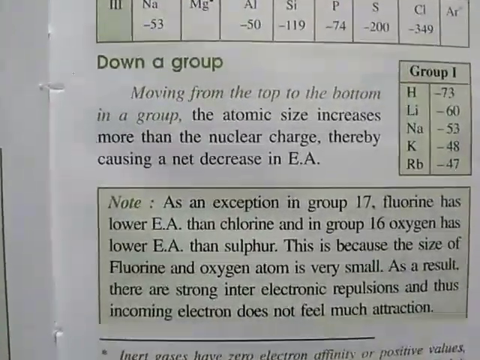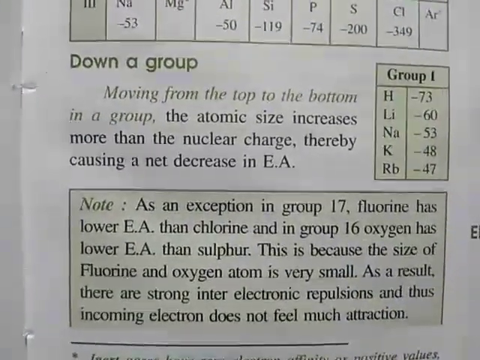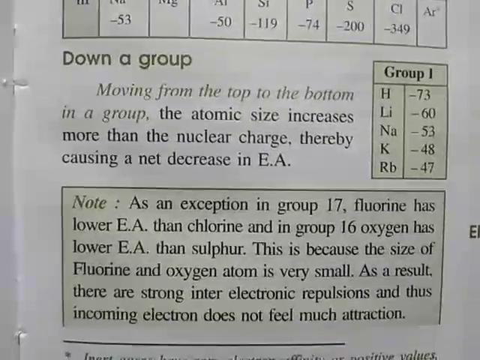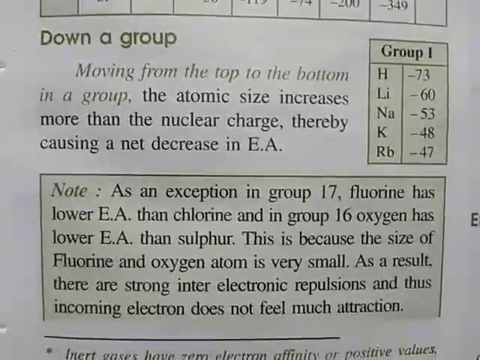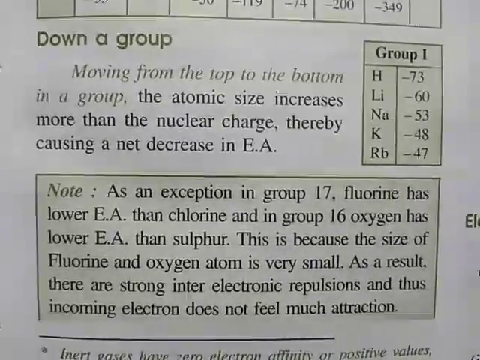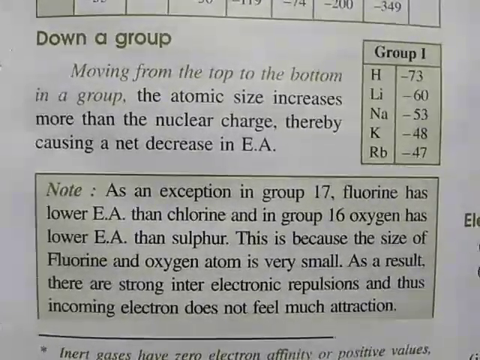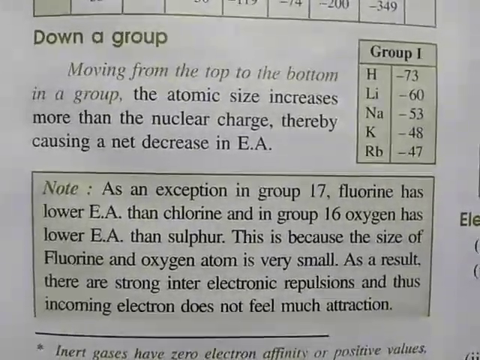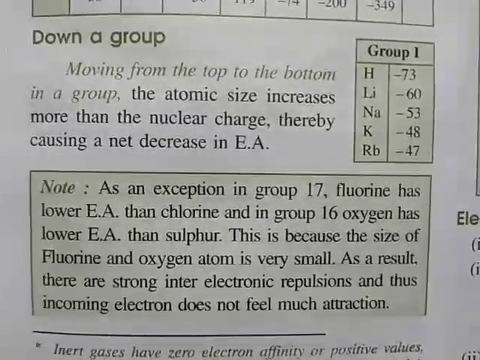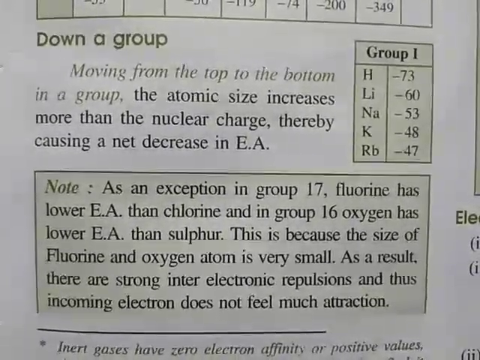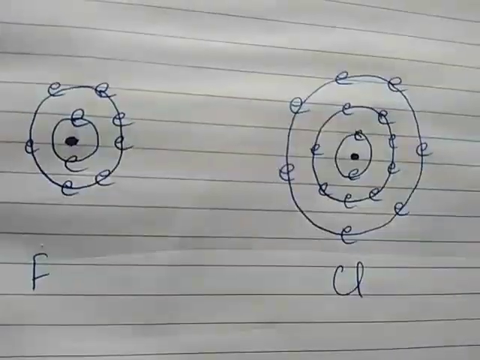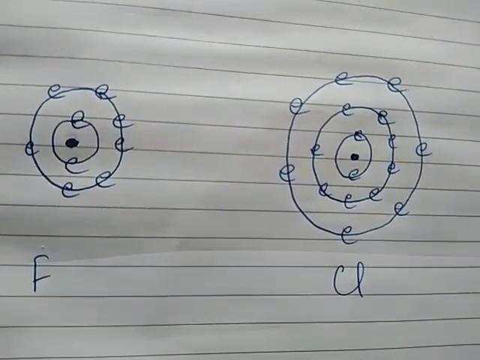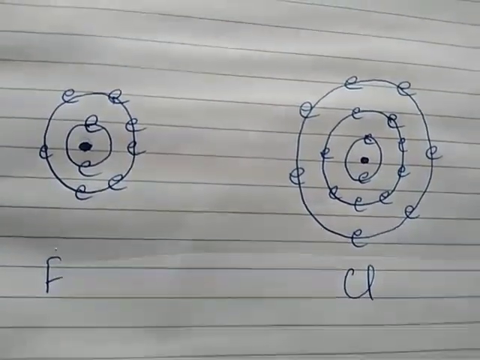Now students, some exceptional cases are there. I'm reading this box note. As an exception, in group 17, fluorine has lower electron affinity than chlorine, and in group 16, oxygen has lower electron affinity than sulfur. Now what is the reason for this? You can see the fluorine atom and the chlorine atom.